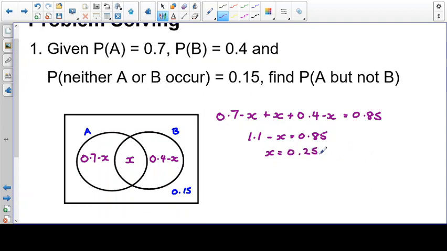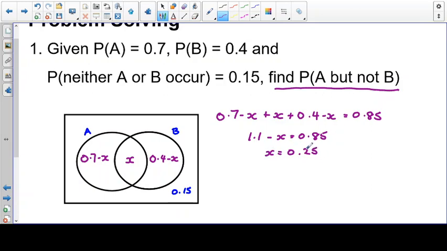Now just be careful, that doesn't answer the question. Find the probability that A occurs but not B occurs. A common mistake would be to forget what you're doing and think that's the answer. So always go back to your question and make sure you've actually answered the question.